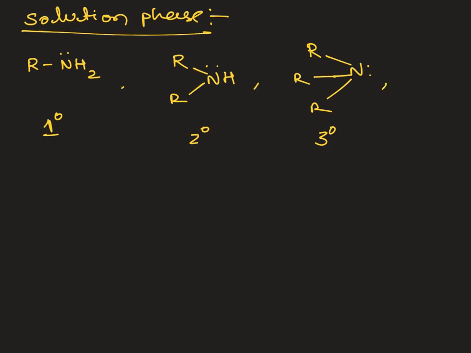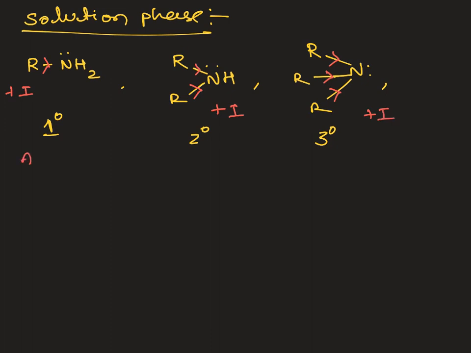Here, if we see the primary amine, there is only one alkyl group, a plus I group. In the secondary amines there are two plus I groups, and in the tertiary amines we have three plus I groups.